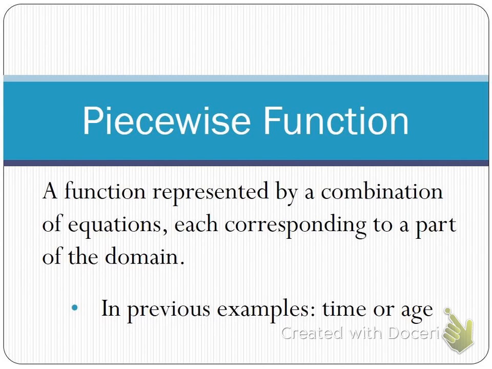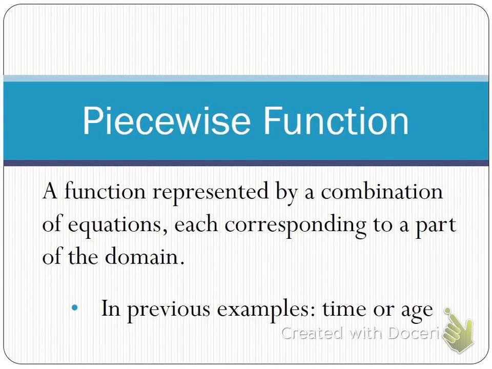Those are piecewise functions. They're two specialized types of piecewise functions. And so our definition of a piecewise function is any function represented by a combination of equations, so different equations, each corresponding to a part of the domain. So we talked about breaking the x-axis up in the Jimmy and Mary date situation. And we did the same thing in the amusement park situation too.